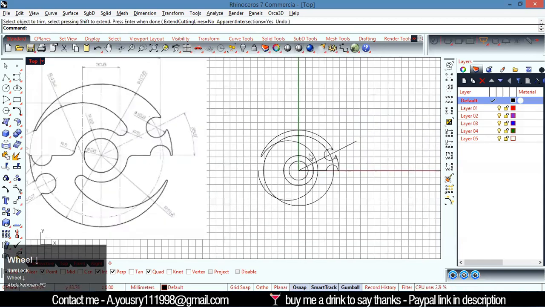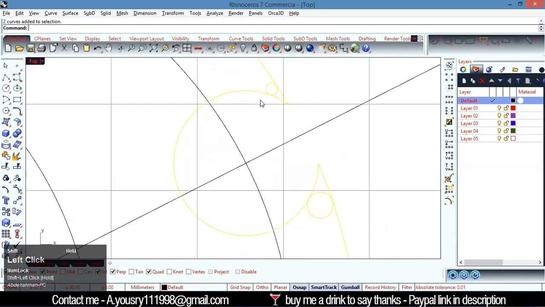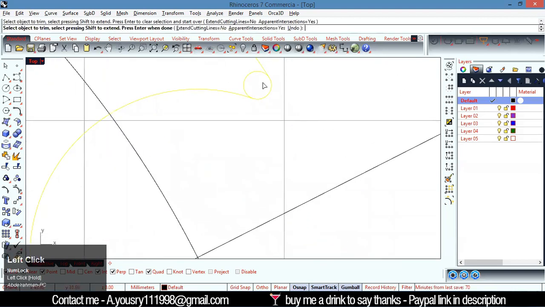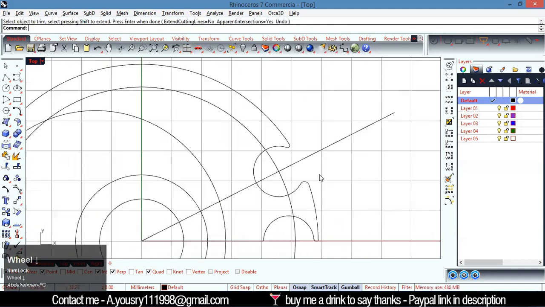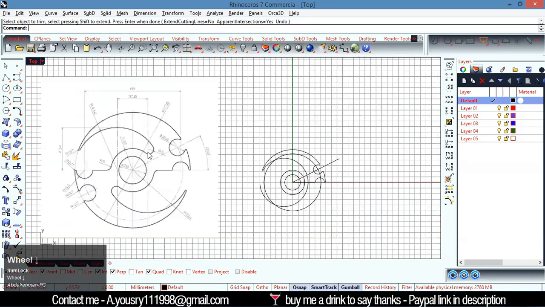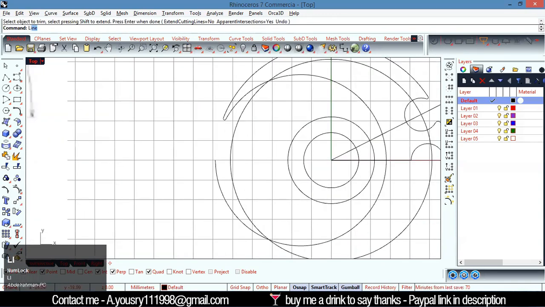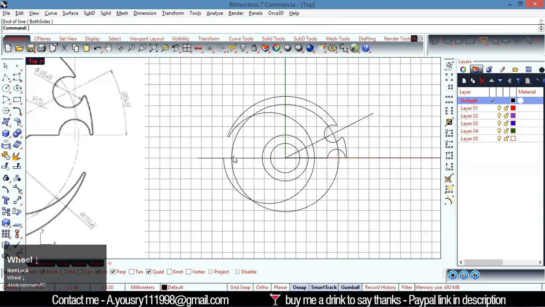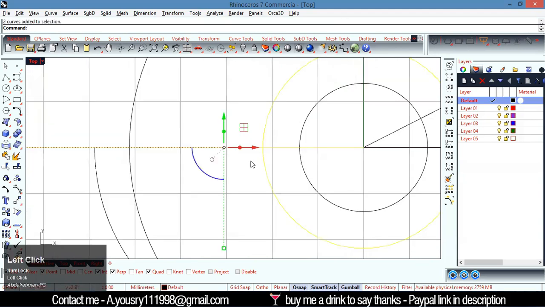Okay, and also those, trim, trim. Okay. And finally here is a line. And that one here is the radius.